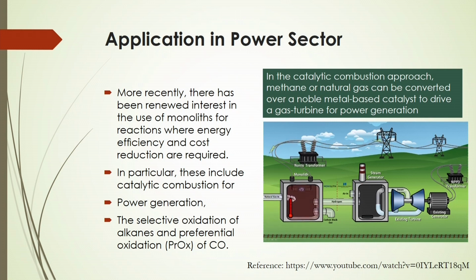So you will see how the cracking of methane happens in this monolithic reactor, and how the methane is cracked into carbon and hydrogen, and then the hydrogen gas passes through the other steam generator unit.